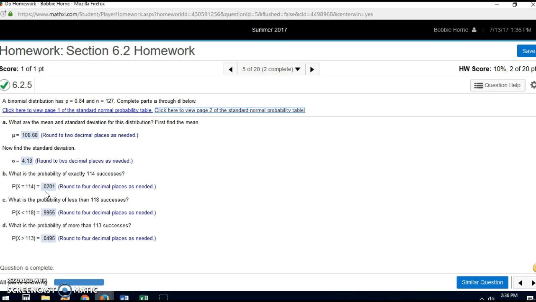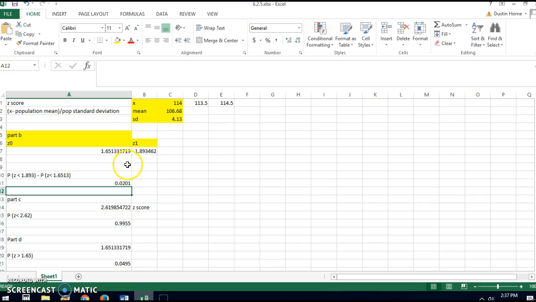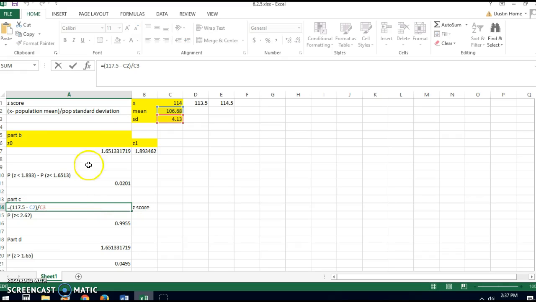Okay, and then the probability of less than 118 successes, we don't want to include 118. We want it less than 118, okay? So we're going to step back a little bit and say the probability all the way up to 117.5. That's our magical number. So for part C, we calculate our z-score. X this time is 117.5.